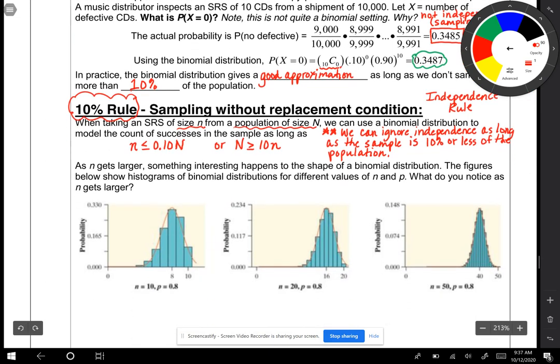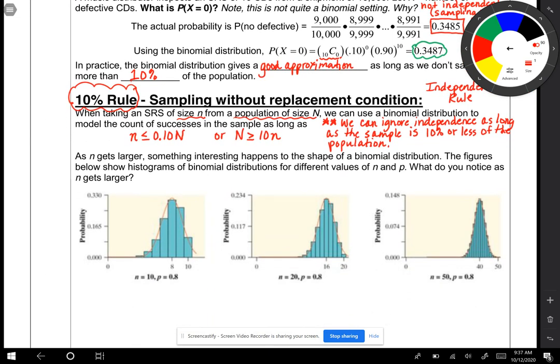And then here below you have 3 pictures, and I just wanted to show you in each of those the probability is identical. It's probably 0.8, but the n, your sample size, gets larger. You start at 10, where this is a little left skewed. But then when you get to the center, when n equals 20, it's starting to look more normal looking.